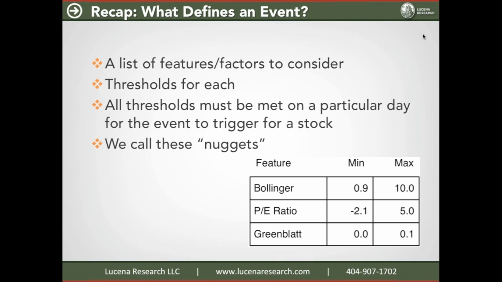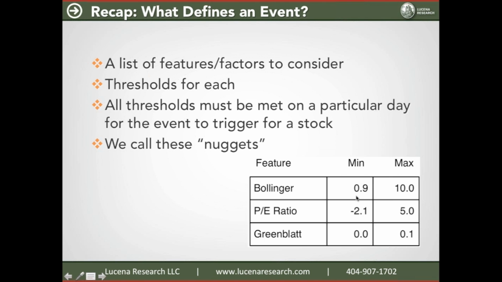Okay, so recap. An event is defined as a set of factors and then thresholds for each of those factors. So for instance, an example event might be defined on the Bollinger technical factor, PE ratio, and Greenblatt rank.